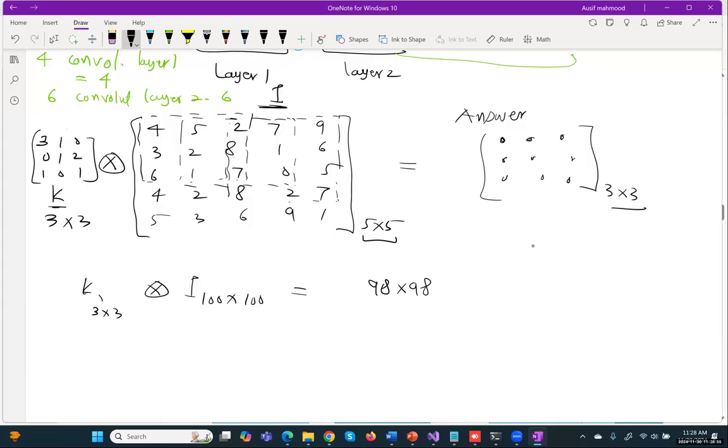So what is the relationship between the sizes? It is basically the size of the image, k, minus the size of the kernel, plus 1.